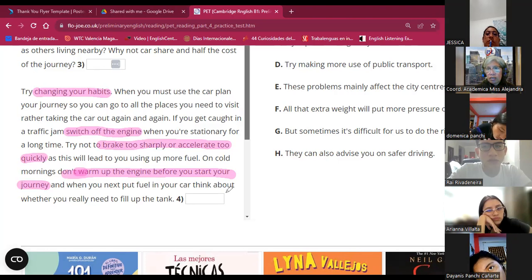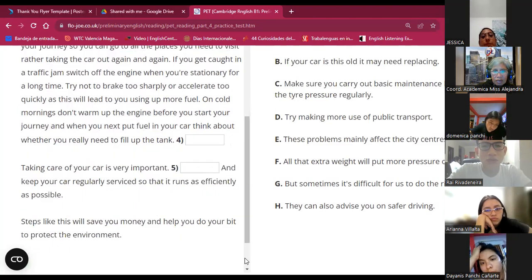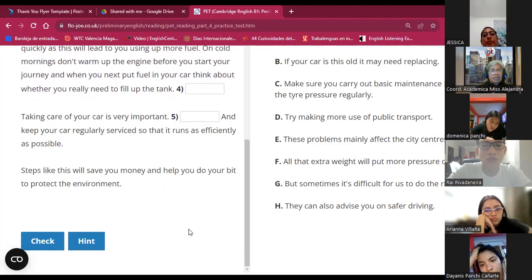Some people say, okay, I'm leaving in 10 minutes, so they turn on the car before you leave. So you cause pollution and you spend fuel. So it is contrary to the subject of the reading. Okay, let's go to number 5 and 6.